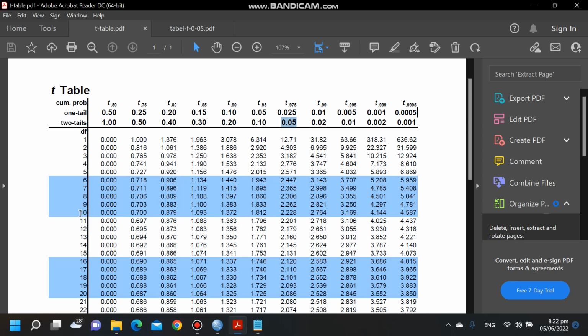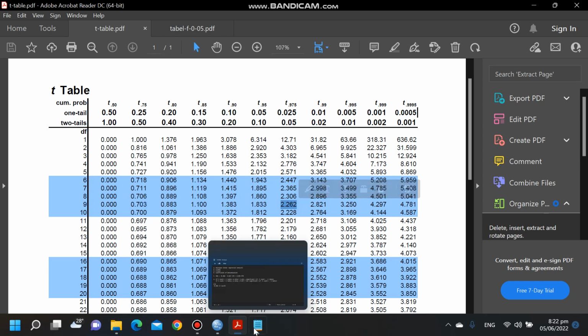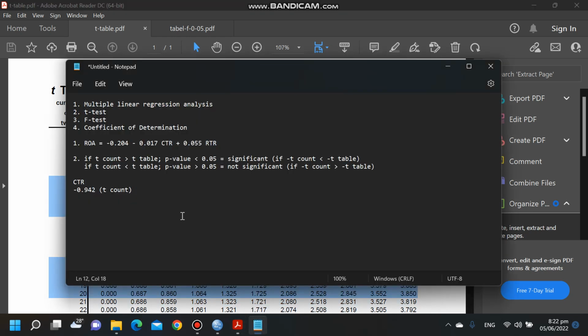My data have 10, so 10 minus 1 is 9. So we find the intersection of 9 and 0.05. So 2.262. That is your t table value. So in negative, it is minus 2.262.